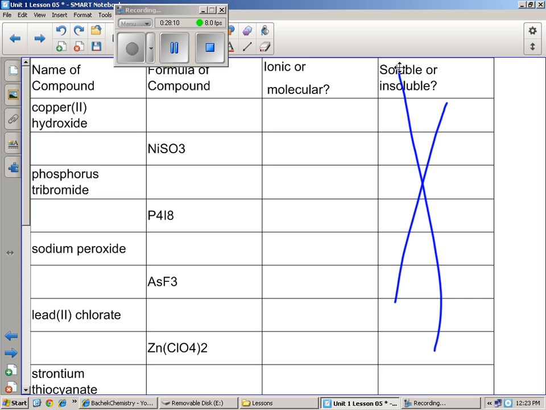Secondly, if you're looking at the names, what's different? Molecular has prefixes, ionic does not. Those are 2 ways you can quickly tell, and you need to be able to tell. They're very different. We got sharing, which is not very strong.